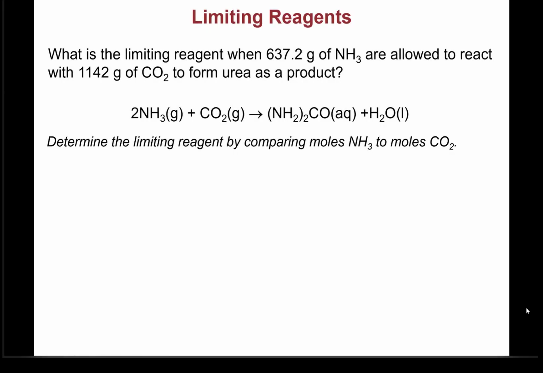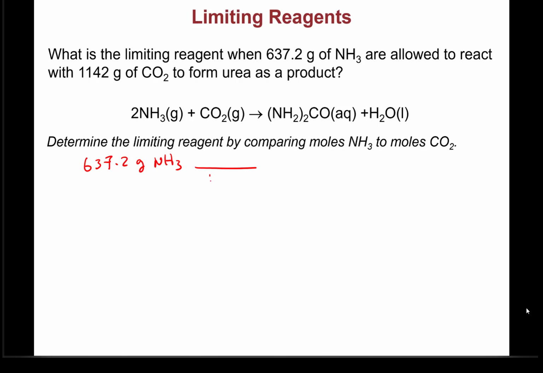So the first step is determining limiting reagent. So we have 637.2 grams of ammonia. Want to convert this to moles using the molar mass of ammonia. Molar mass of ammonia is going to be 14 from nitrogen plus 3 times 1 from the 3 hydrogens.